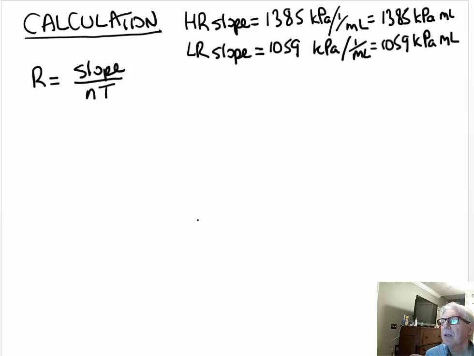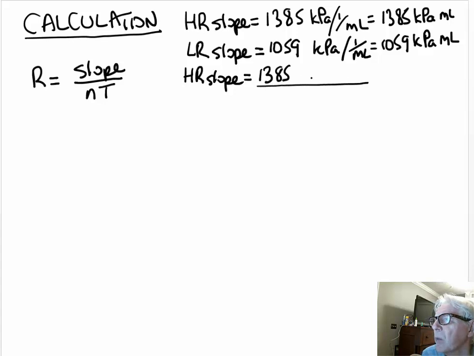And I suppose the first thing I'd like to do is get those slopes into standard units, because they're not in standard units now. So let's say our highest reasonable slope is equal to 1385. And the way I do this is I use the factor label technique.